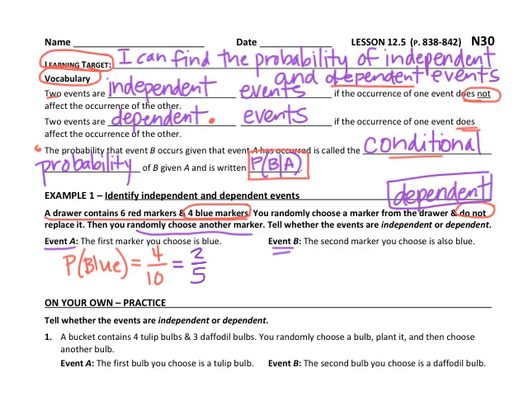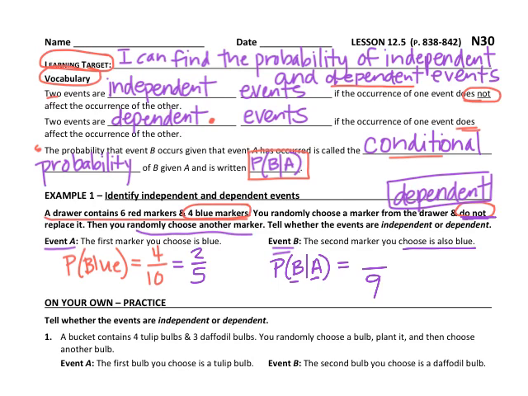Now, when we look at event B, it says the second marker you choose is also blue. Well, remember, there are not as many markers in the drawer anymore because you took the blue one out, and remember we said we were not going to replace it. So for the probability of the second event taking place after the first event takes place, remember that's the probability of B taking place after A has already taken place, there are only 9 markers left in the drawer.